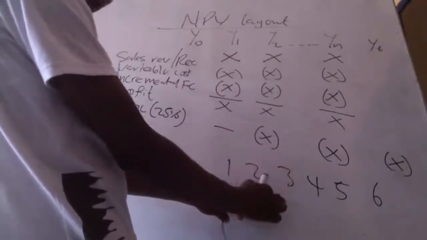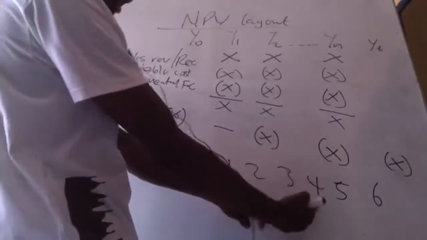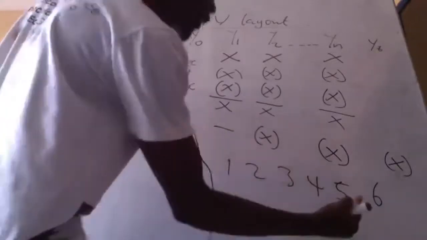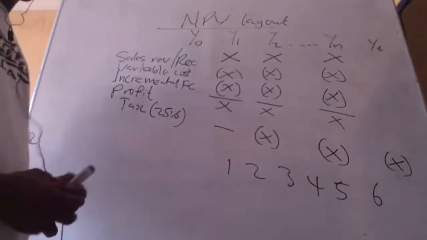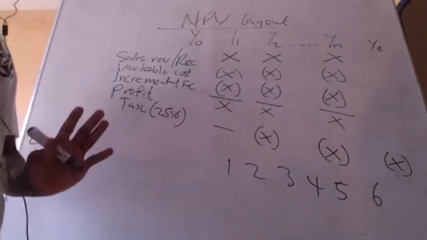Add year 6 to it because year 1 will be paid in year 2, year 2 will be paid in year 3, year 3 will be paid in year 4, and year 4 will be paid in year 5, and year 5 will be paid in where? Year 6. So you have to add extra if tax is being paid 1 year in arrears. Please, I hope you get this. Yes. Okay, that's fine.